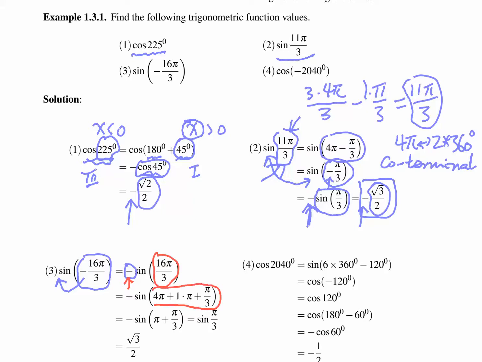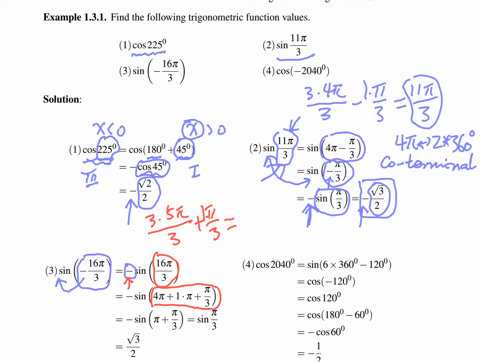Why? 4 pi plus 1 pi is 5 pi. Again, you times 3 divided by 3, you still have 5 pi. And then plus pi over 3.